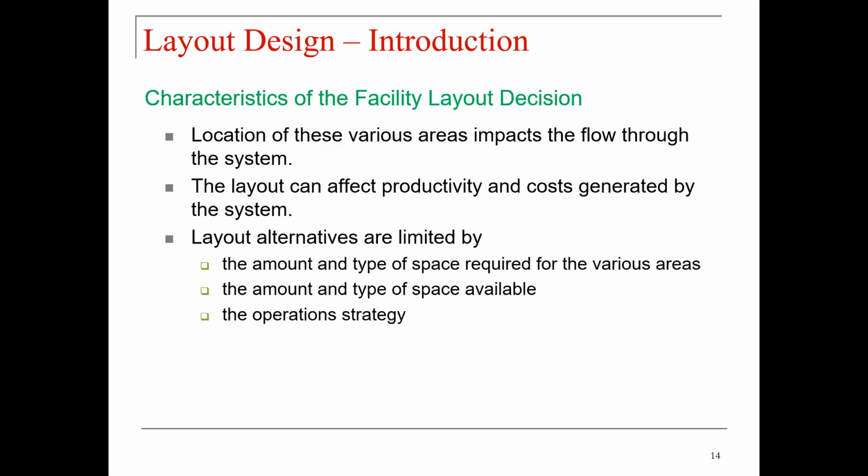And we are going to define some methods to make sure that we try to locate those departments that have high flow close to each other while looking at all departments associated with the design. Layout alternatives are limited by the amount and type of space required for the various areas, the amount and type of space available, and the operation strategy.